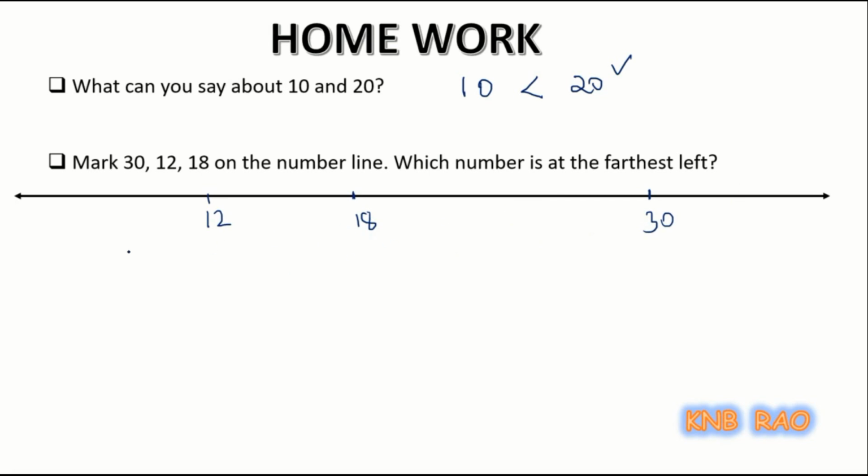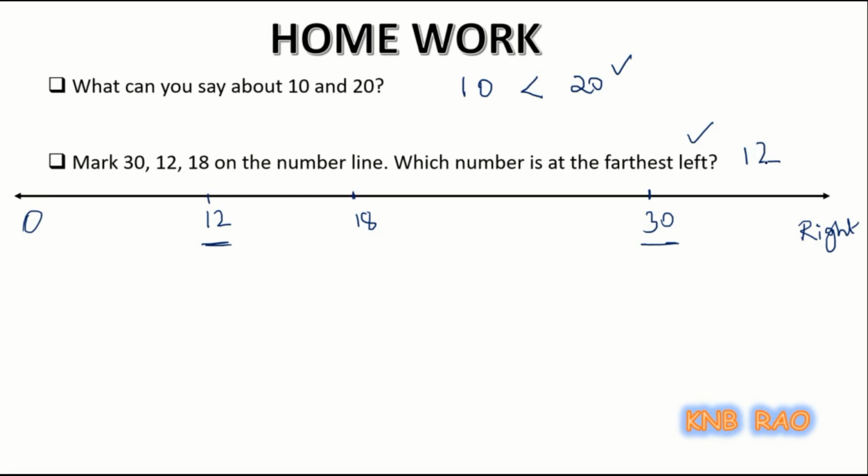Now among these, who is on the left side and who is on the right side? You remember all the positive numbers come after 0, on the right side of 0. Amongst this right side of 0, this is rightmost and this is leftmost, and he is asking leftmost. Farthest left is 12. So here the answer would be 12.